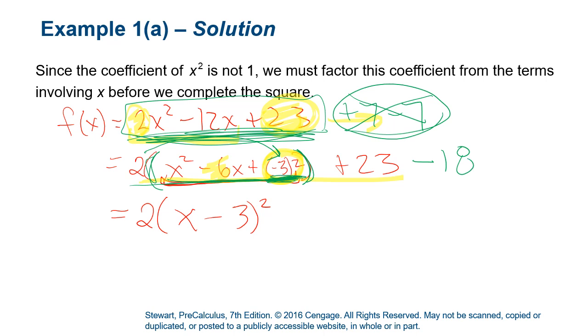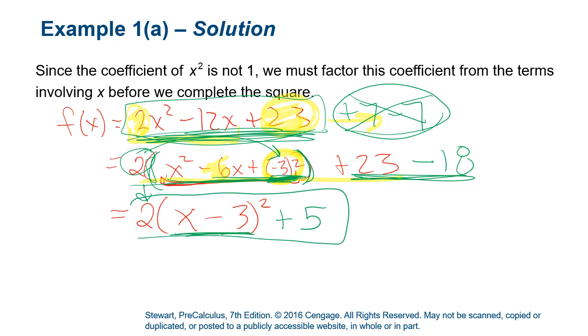So this in here factors as x minus 3 squared. That 2 is still there. And then I have 23 minus 18. 23 minus 18 is going to give me 5. Okay? And so now if you look at that, that is a function that's in that form a times x minus h squared plus k.